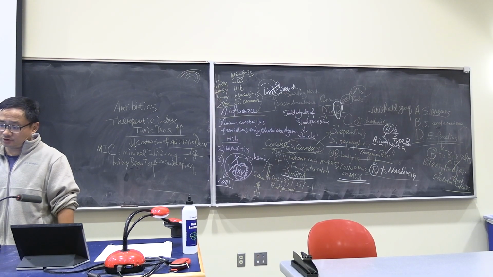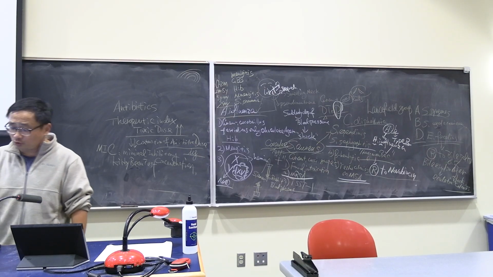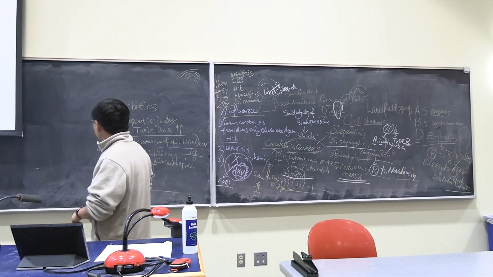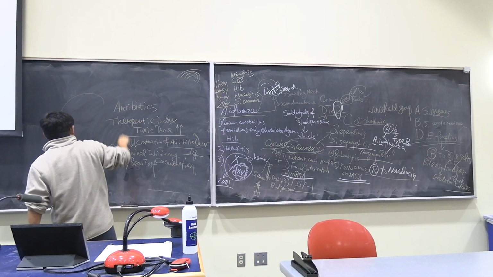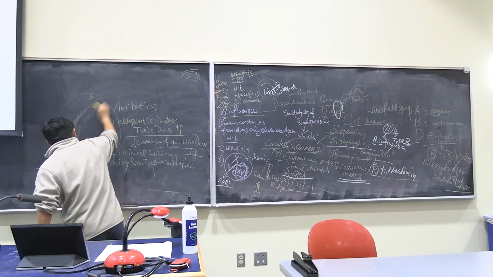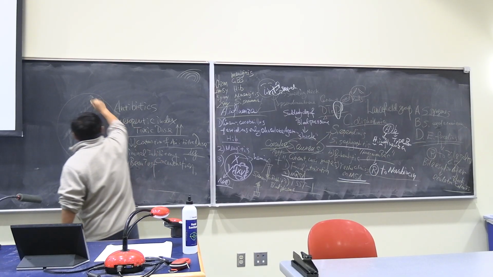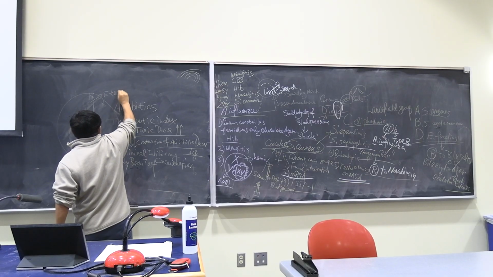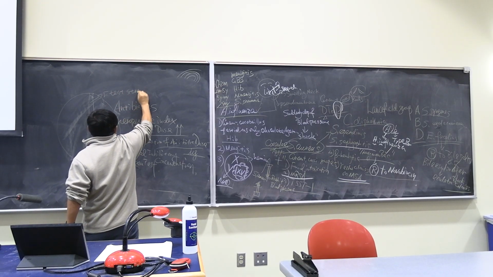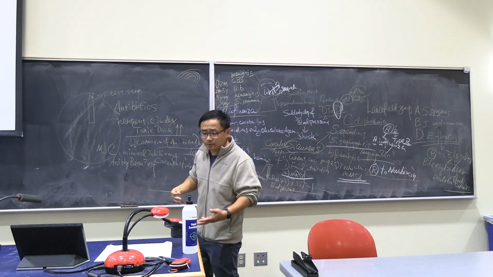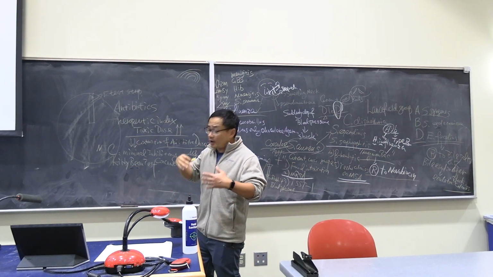The second test is called the E-test. That is what I have a question about. What is the E-test? On the agar plates, we add the bacteria, and then we put an E-test strip, which contains antimicrobials or antibiotics.